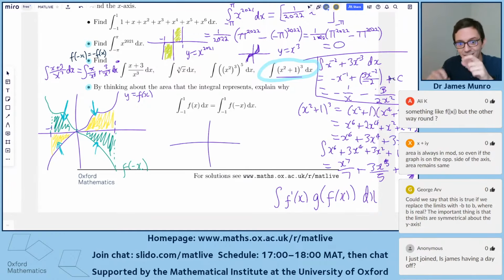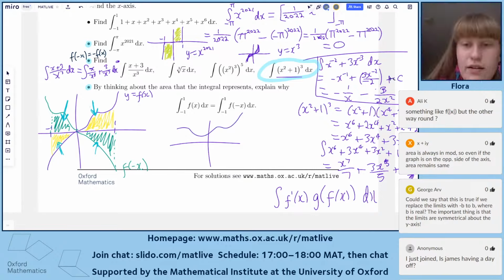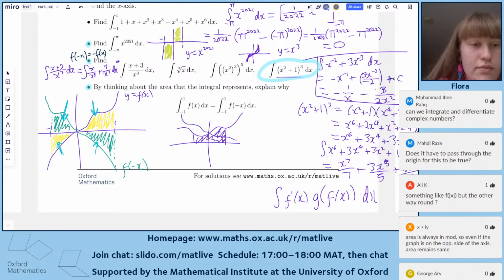It could have been like that or anything, and then you would still have a mirror image, and it's basically the same thing. Yeah, it doesn't have to go through the origin. No, not at all. Even if it went through the origin more times, it's always going to cancel out when you flip in the y-axis.